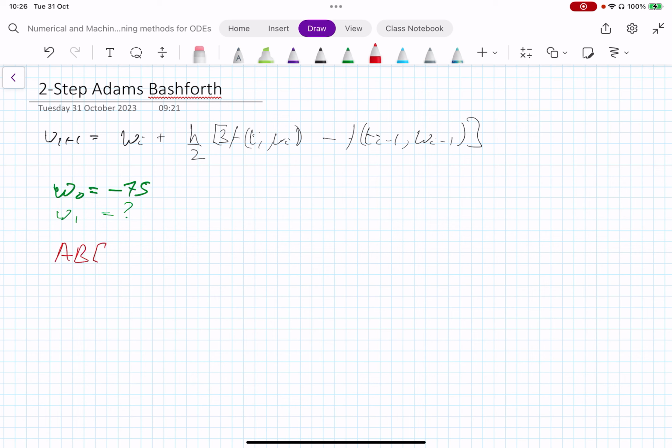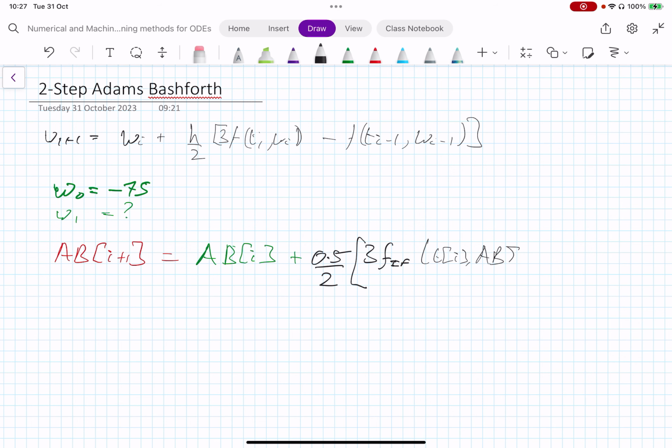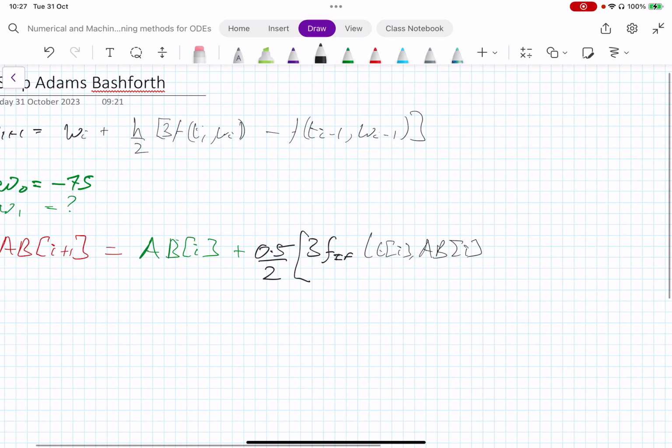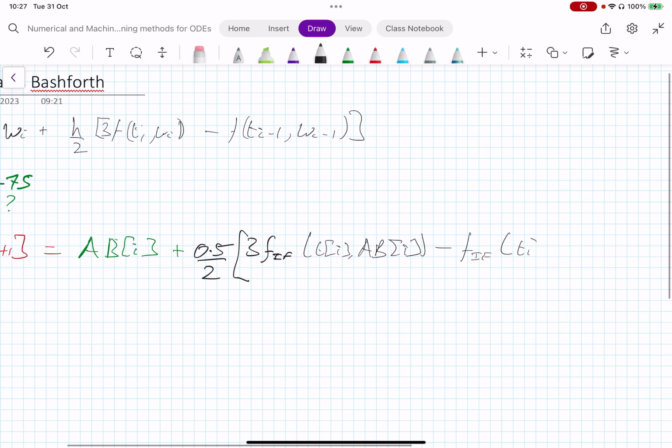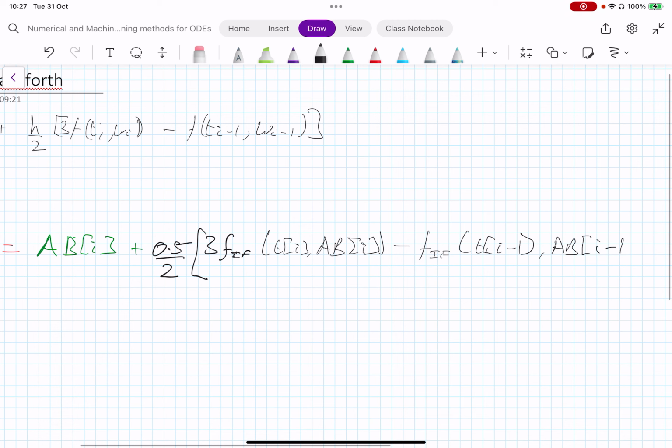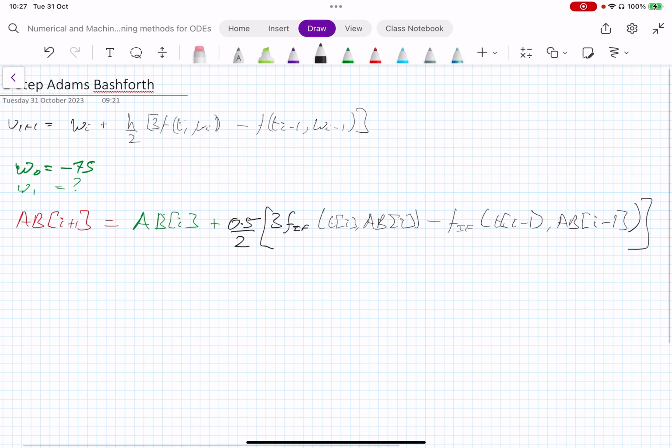So the Adams-Bashforth future is equal to the current bit of information plus our step size of 0.5 divided by 2, square bracket, 3 times f of t_i, AB i, bracket, minus f of t_i minus 1, AB i minus 1, of that form.